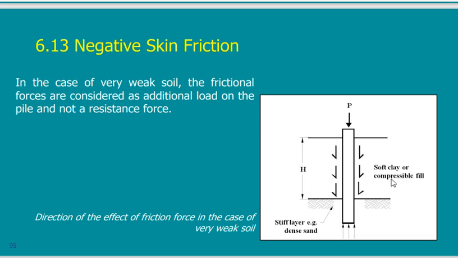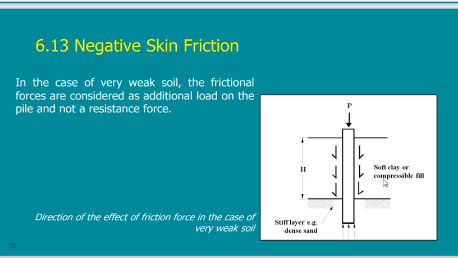But one month later, the soil starts to consolidate, so it settles down. So when it settles down, it starts to transfer negative load on the pile. So instead of carrying the pile, it is being carried by the pile.